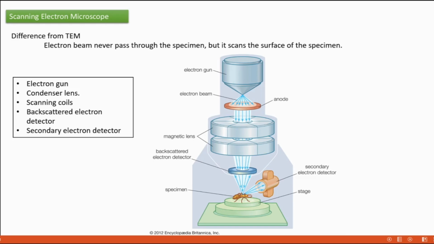First, the electron beam that hits the specimen is called the primary electron beam, and some portion of its energy is absorbed by the specimen and emitted as another electron beam. That electron beam is called the secondary electron beam.